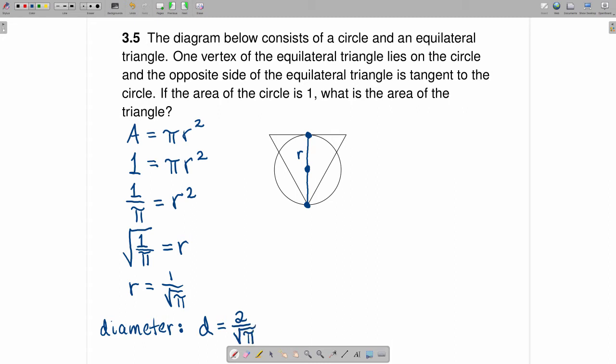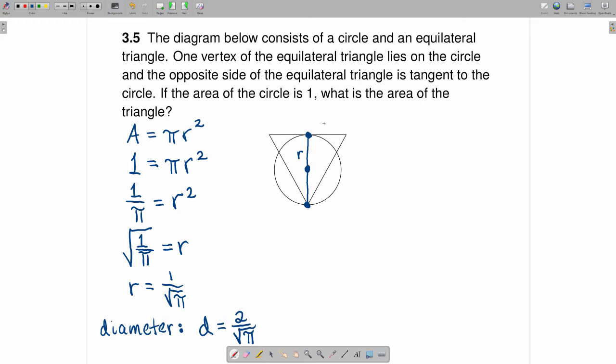So now we have the length from this point down to this point. Now let's leave the circle alone for a while and move to the triangle. For this particular triangle, because it's an equilateral triangle, these three sides all have the same length.